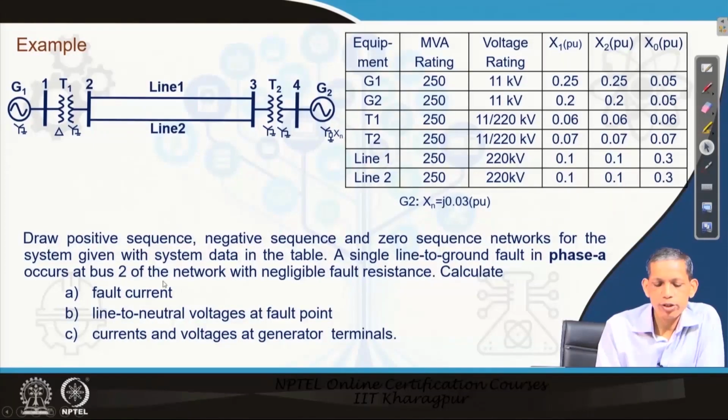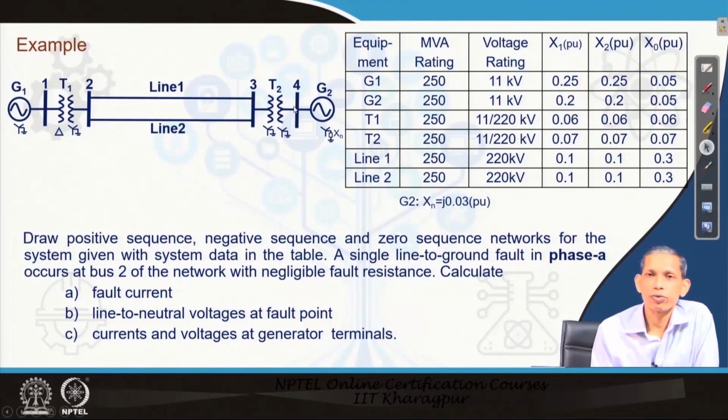So, the current supplied by G1, the current supplied by G2 and the corresponding voltages Va, Vb, Vc at bus 1 and bus 4 are to be calculated.